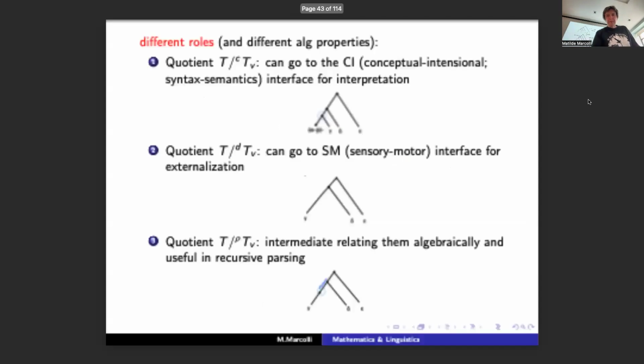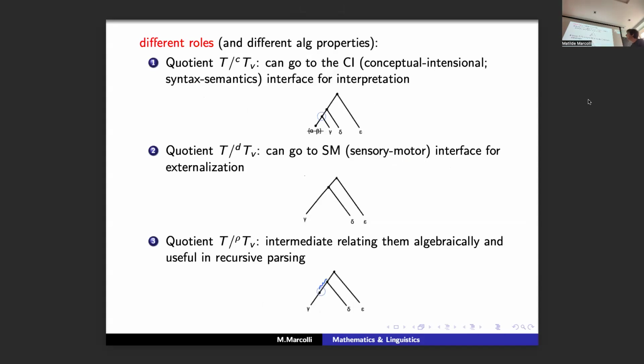And as I was saying last time, you can think of this first form of quotient as being, in a sense, the one that gets interpreted, in the sense that when you do a semantic parsing of your resulting structure, the fact that something has moved and what type of role it played in the place it was moved from is something that you do interpret, so you do keep track of that.